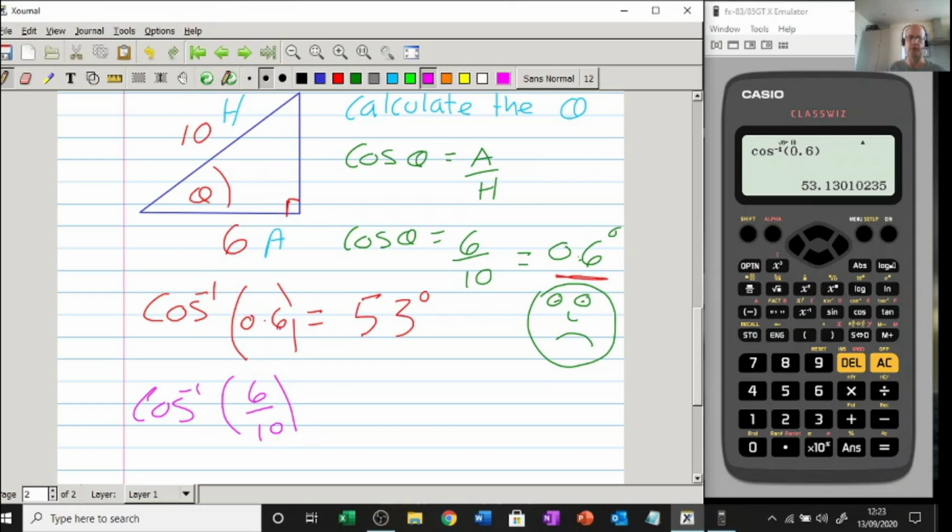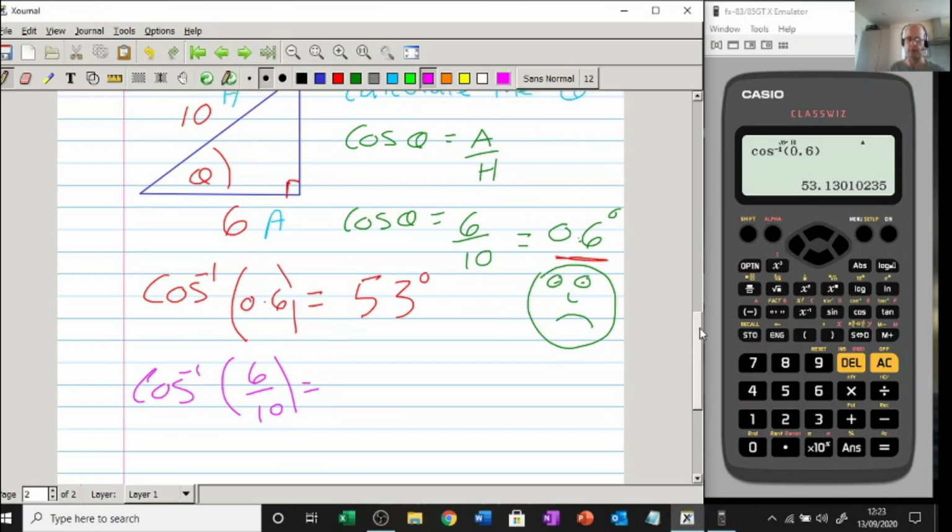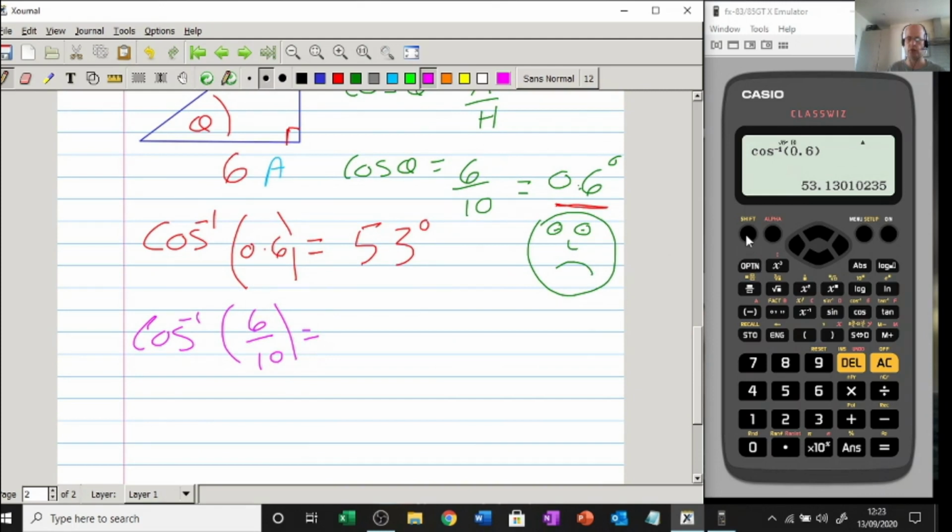Because if this was 0.676, whatever it was, you don't want to be rounding up. You might get problems rounding up. So you can just do that now. So I'll just do shift inverse cos, put brackets like that, and then just do 6, and you have to come down like that, over 10. Close that. Cos -1, 6 over 10, press equals, there we are, 53 degrees.